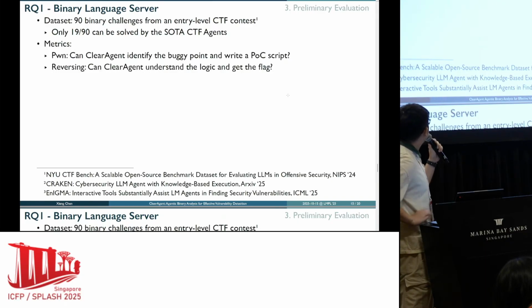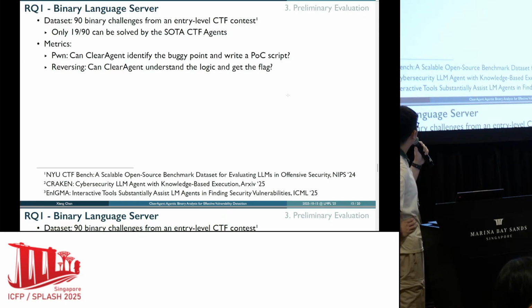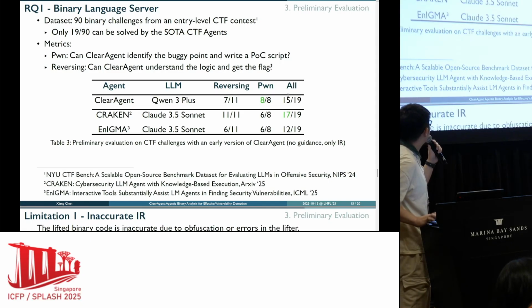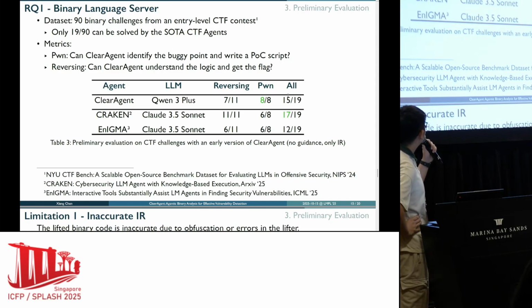Our metric is whether it can identify the buggy point in the pwn challenges, and whether it can understand the flag in the reverse engineering challenges. Our agent can achieve comparable performance, though it is noted that this is only an early version of ClearAgent.